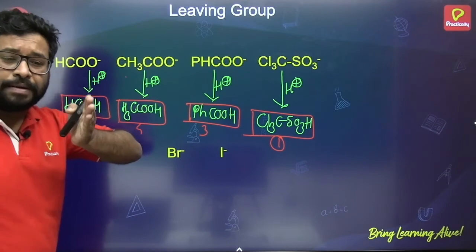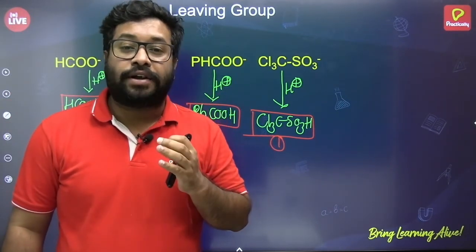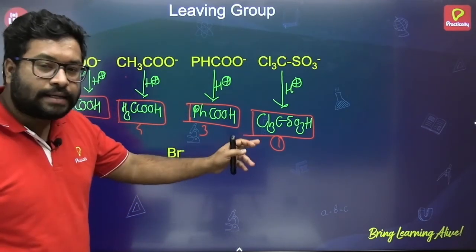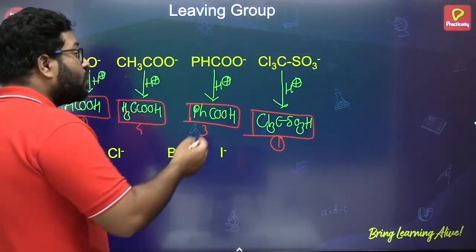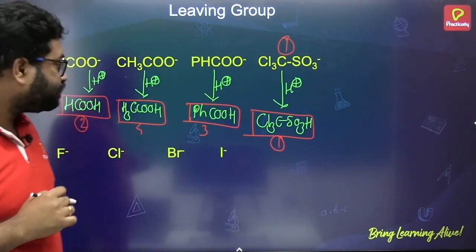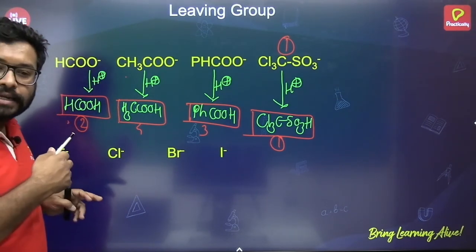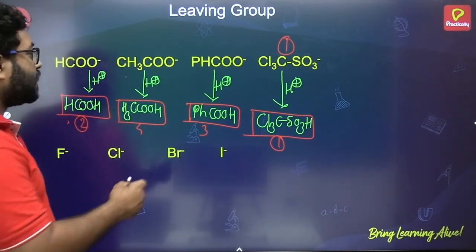So this is the strength of your acid. Just flip it back and you would get the leaving group ability order. You can see here, this is the strongest acid, so its conjugate base has to be the weakest, and therefore this has to be the best leaving group. Then the second number would be this, the second strongest acid, whose conjugate base would be second.